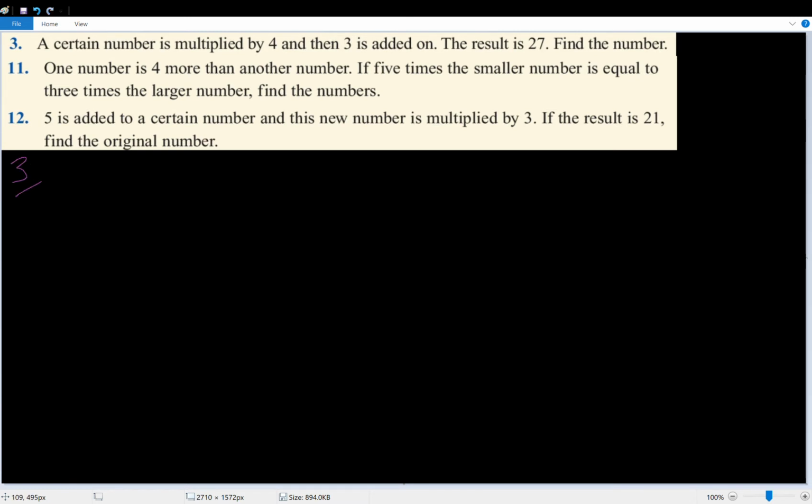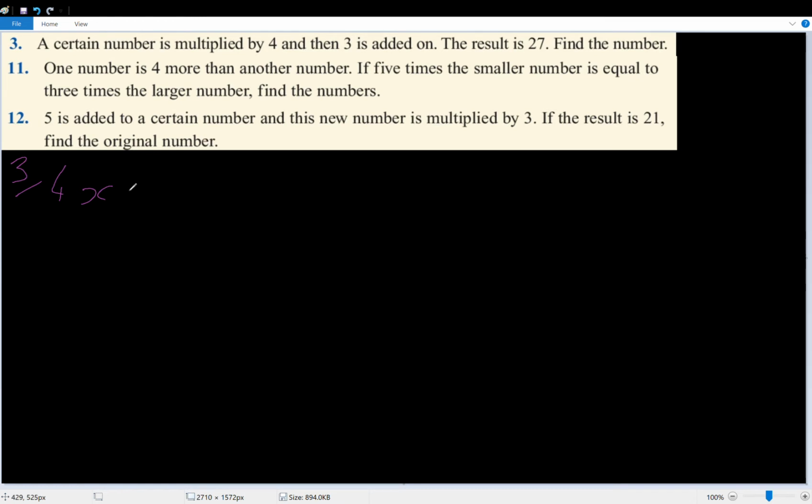Okay, in each of these questions, the unknown number that we have, we're going to refer to as x. So in question 3 it says a certain number is multiplied by 4. Well, our certain number in this case is x, and if we multiply x by 4 we get 4x. Right after that it then says, and then 3 is added on.